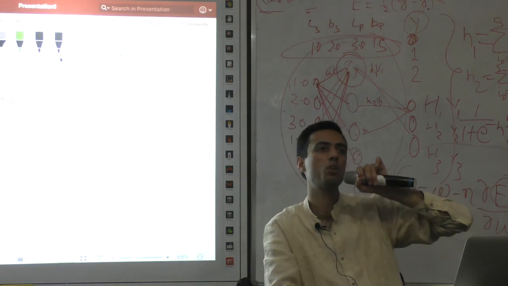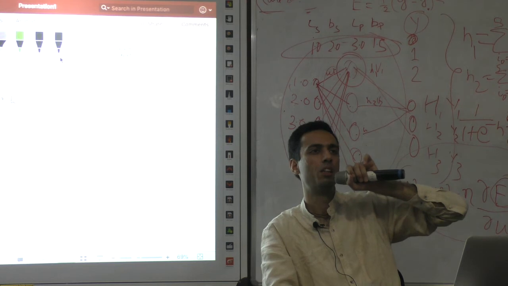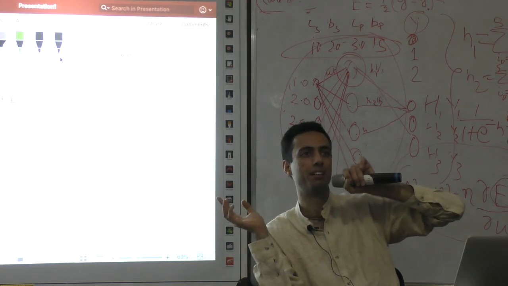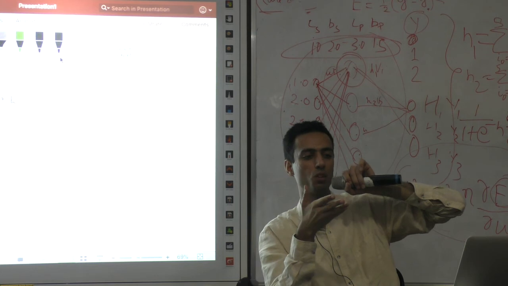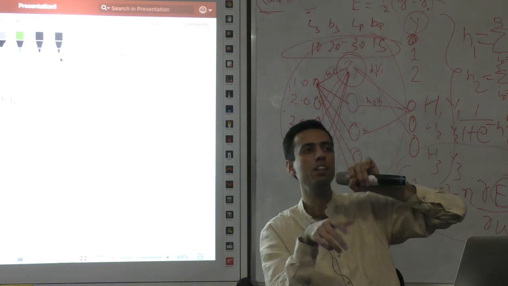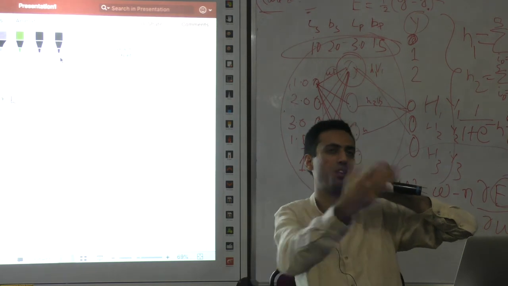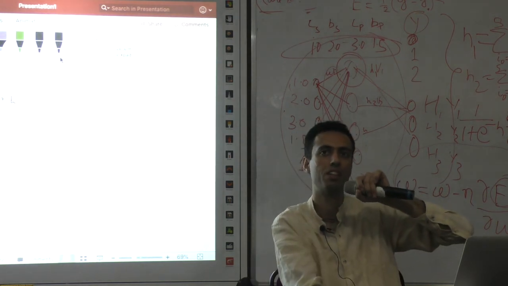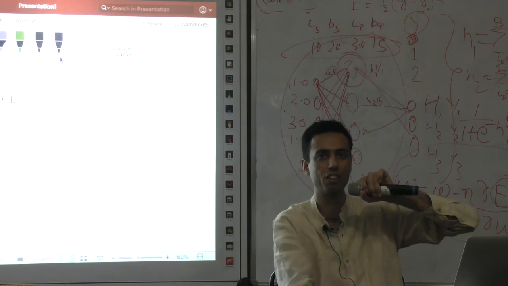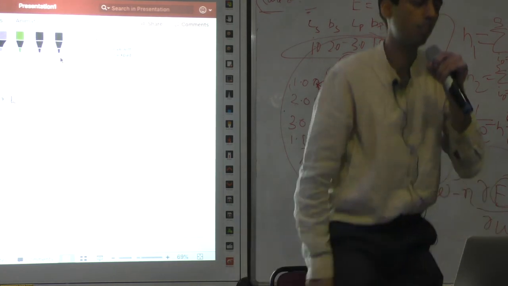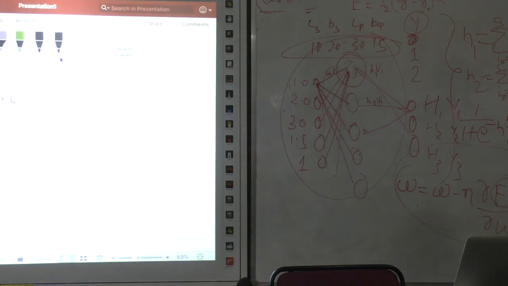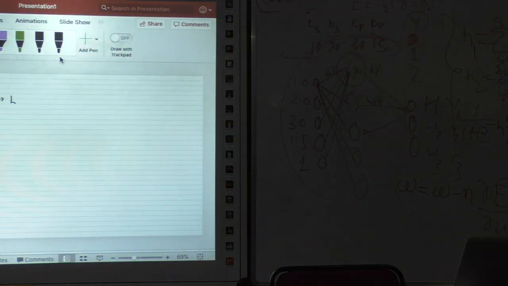Now note that it cannot do soft classification, so it is not used in the output layer, but it is used in hidden layers just to introduce nonlinearity there, right? It's a nonlinear function, it's not a linear function, but the good thing is that the derivative is 1 for h greater than 0, and derivative is 0 for h less than 0. That is why it becomes very easy to deal with. And it has some good properties.